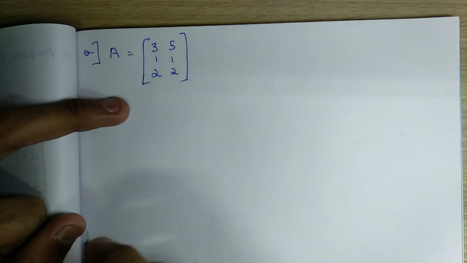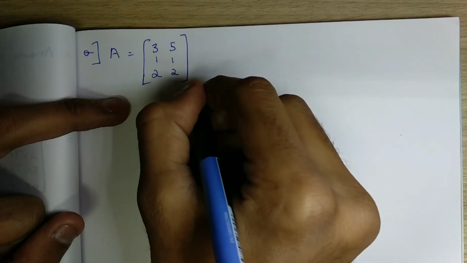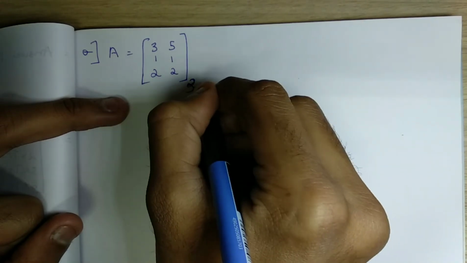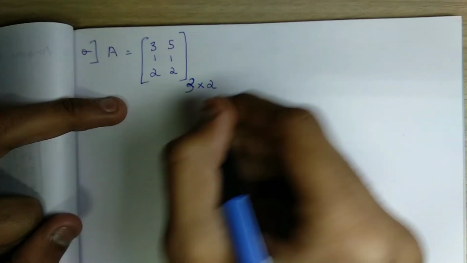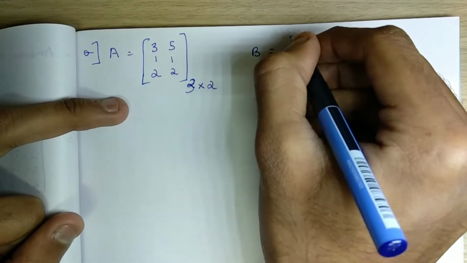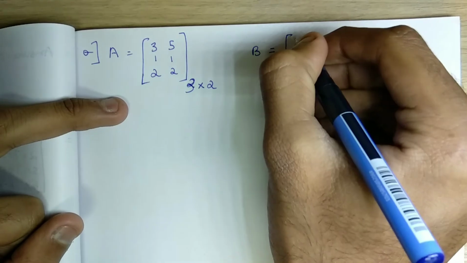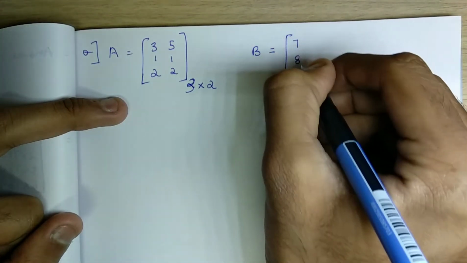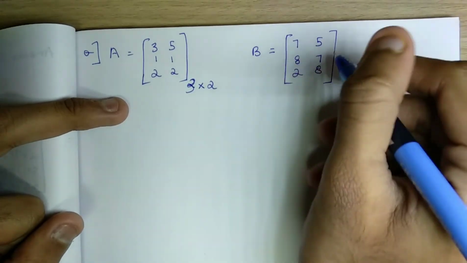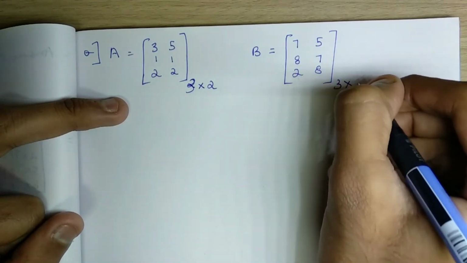A is a matrix of order 3 rows by 2 columns, while B is a matrix of order 3 by 2 as well.